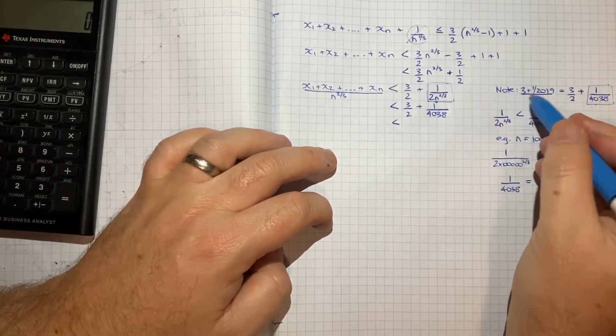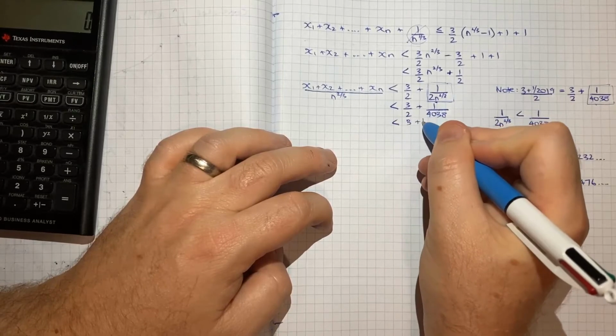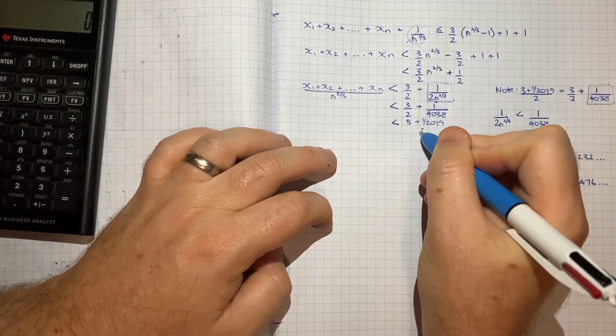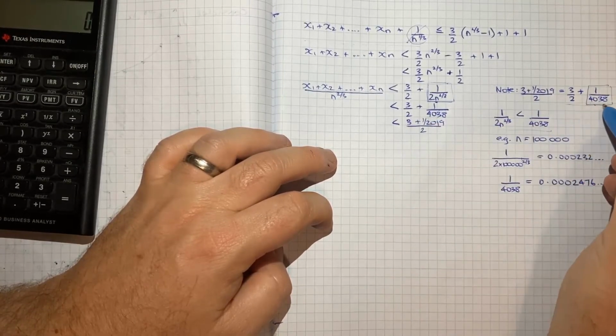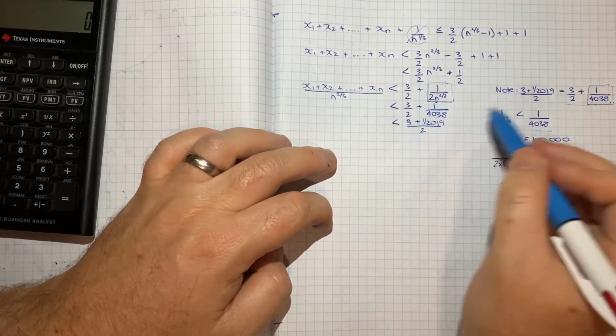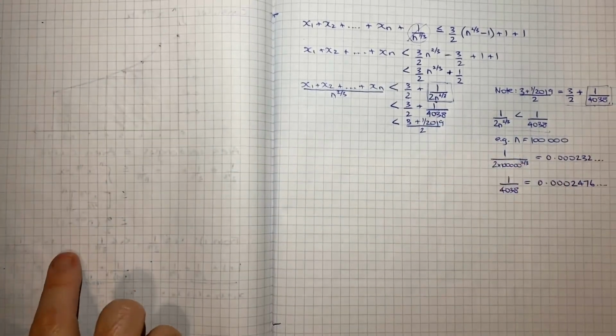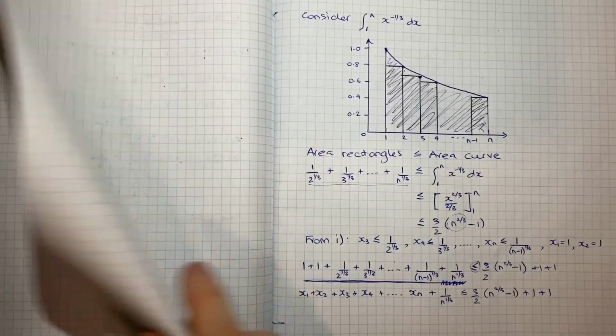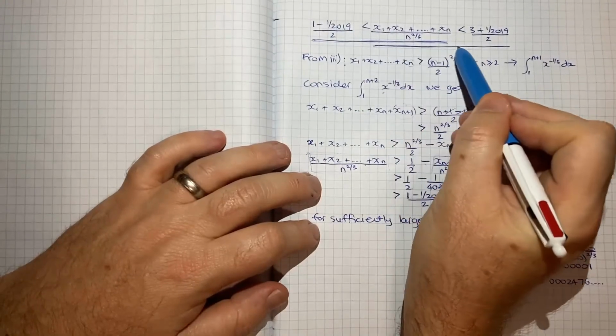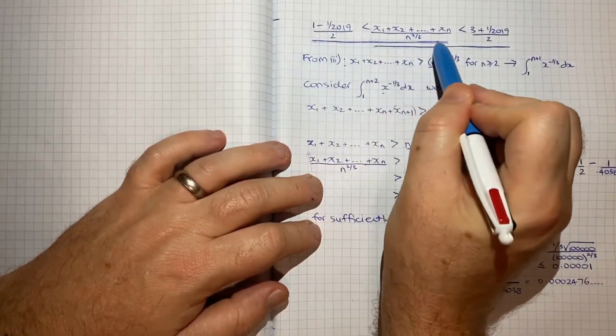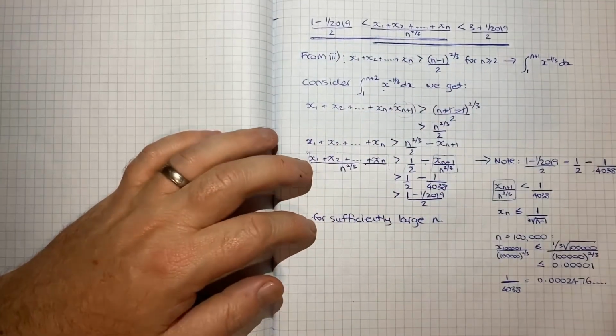And then we can rewrite it back in this format, since that is equal to that. Now, what I've just shown there is this part of the inequality. So I've demonstrated this part and I've demonstrated this part, so now we can combine them.